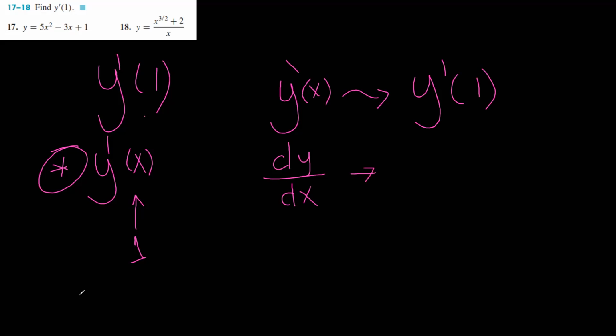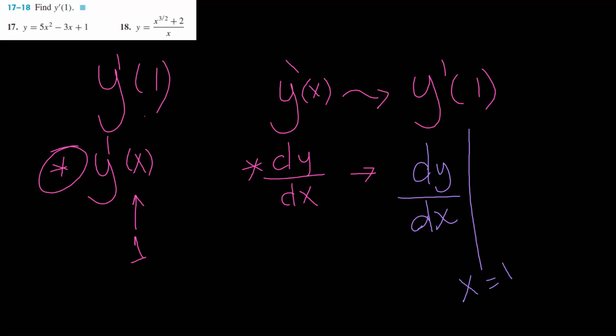How can I write it using dy over dx, the derivative at point 1? You will say it is dy over dx, which means find the derivative of y in terms of x when x is equal to 1. Is it clear now? Yes.